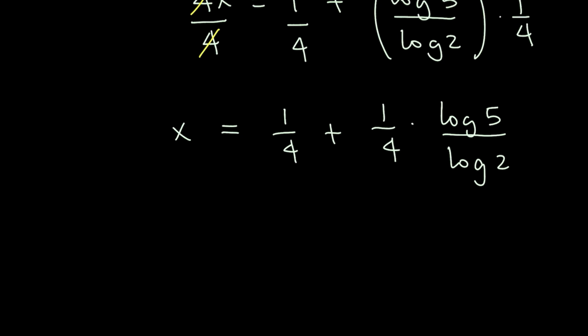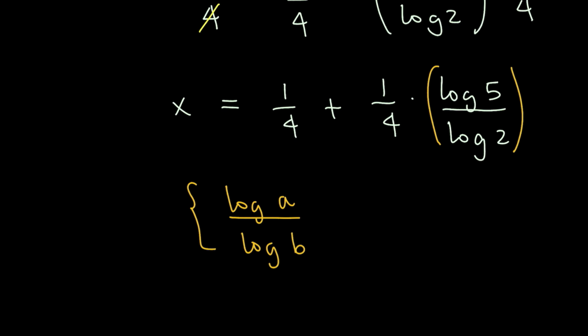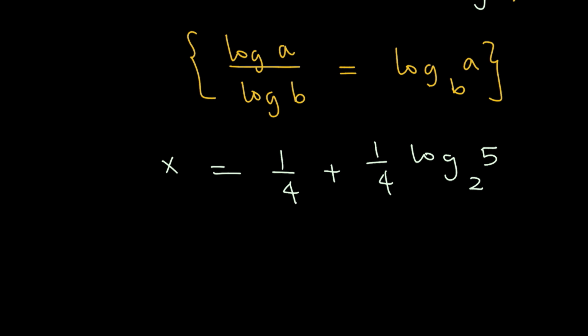We are closer to the answer, but this expression, using this law of logarithm, log a divided by log b is log a base b, then the expression can become log 5 base 2, giving us the final answer to this problem.